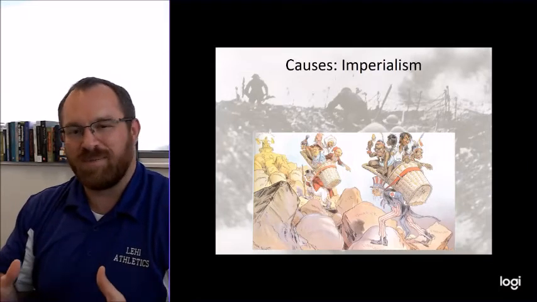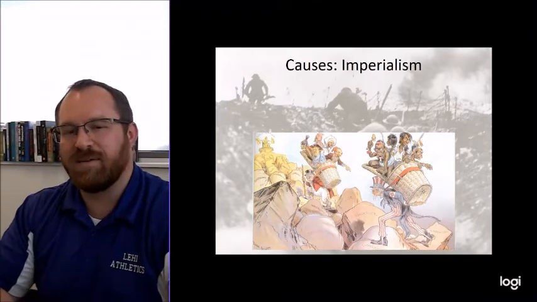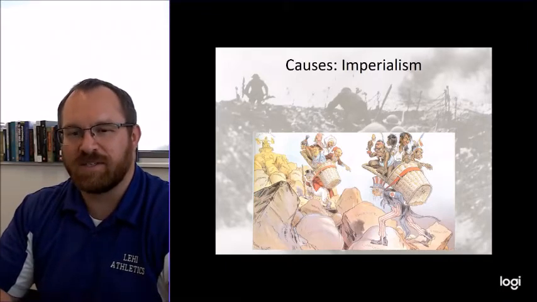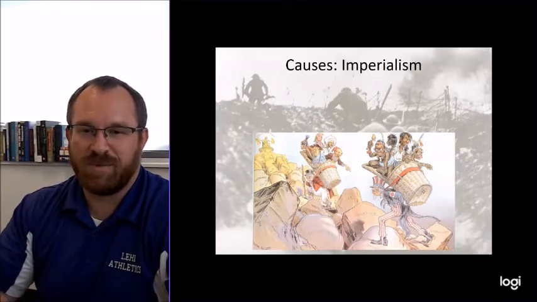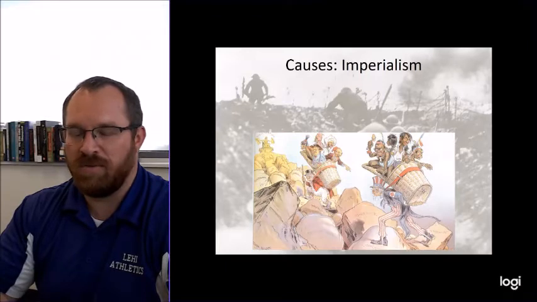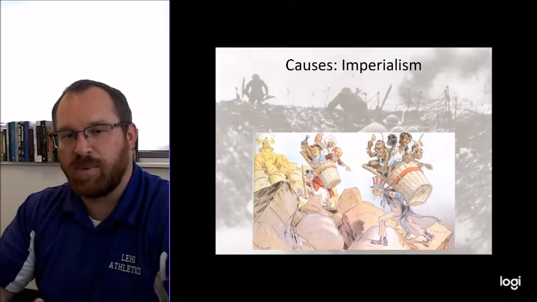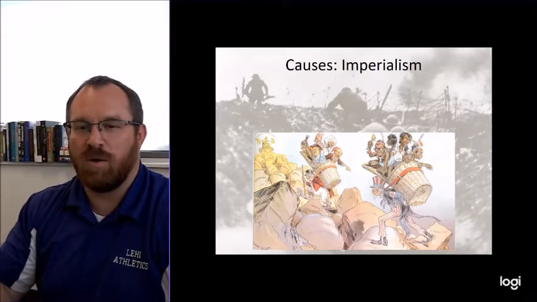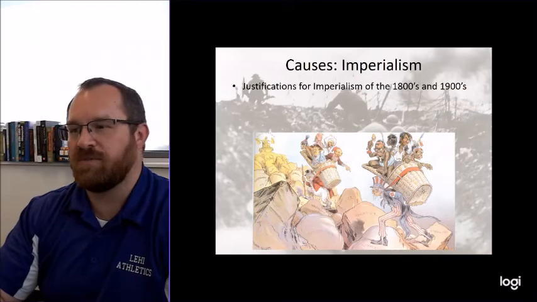For the first time, mainly because of technology, and then as you could say, a consequence of the age of exploration, just knowing about the world at this point, this is the first time where we see the world coming under control of various European powers. There's pretty much European powers, with the exception of Japan, that are in this expansion mode, just taking what they can get. So, but the justifications for this.